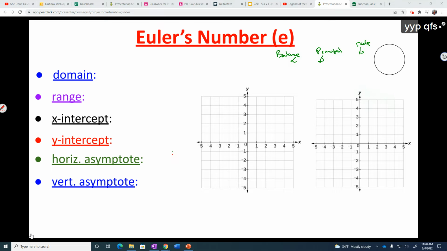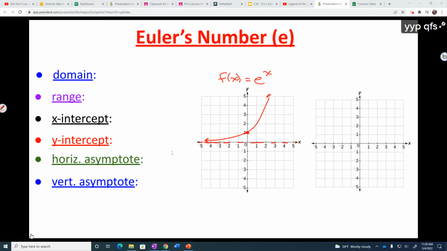So if we said f of x is e to the x, and we graph that, it's going to look the same as 2 to the x. E to the x is going to cross at 1, go up to infinity, and look exactly the same as 2 to the x.